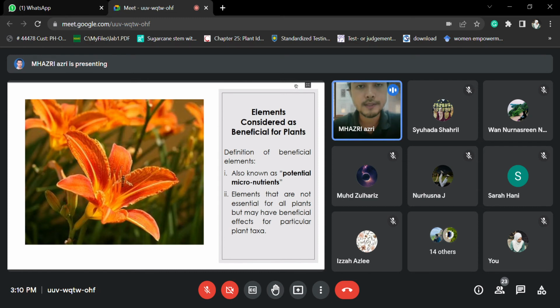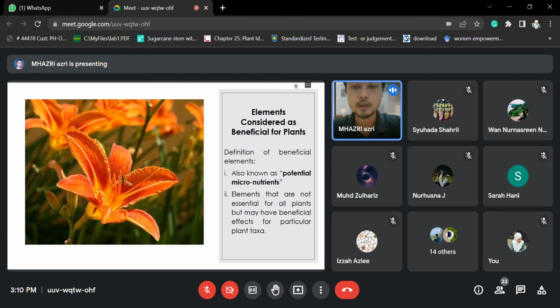All these elements were initially regarded as beneficial elements because when scientists did certain experiments, for example, kita tambah elemen iron ataupun elemen copper dekat tumbuhan, kita nampak the development is very optimum.